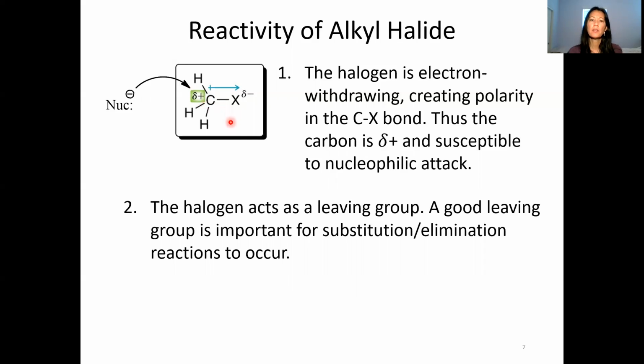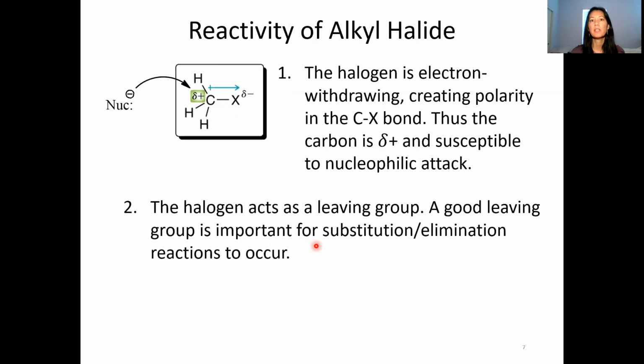The other thing is that halogens themselves are very good leaving groups, meaning they could just leave on their own like that cat. And the reason is halogens are, especially as you get further down on the periodic table, very polarizable. They can handle that negative charge. For the same reason why HCl is a strong acid.